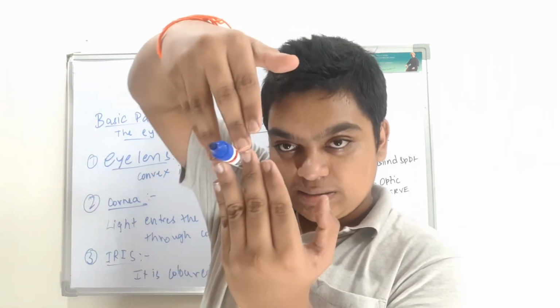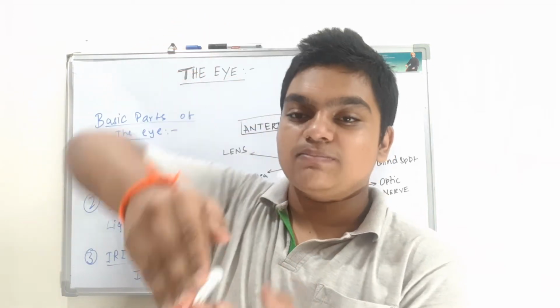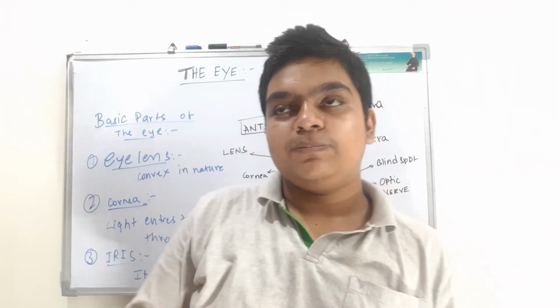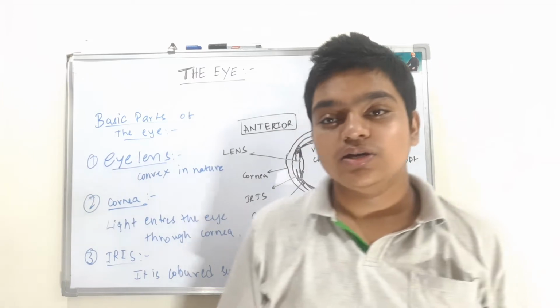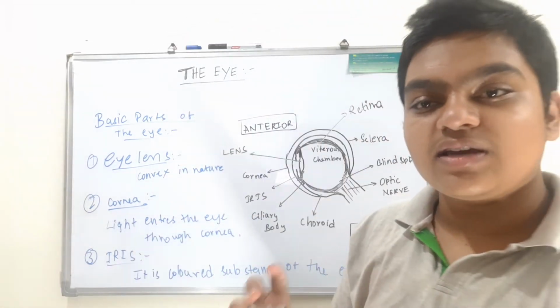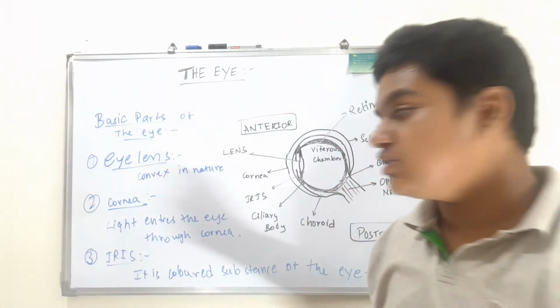Now if I just press them, the pupil size reduces and less light enters the eye. So those are your basic parts of the eye. Hope you have noted them down.